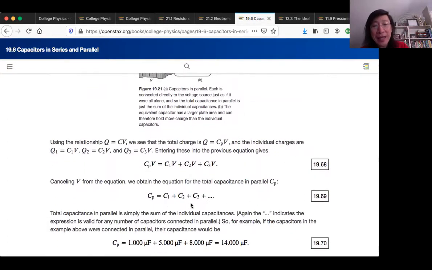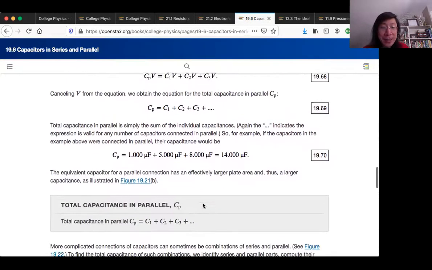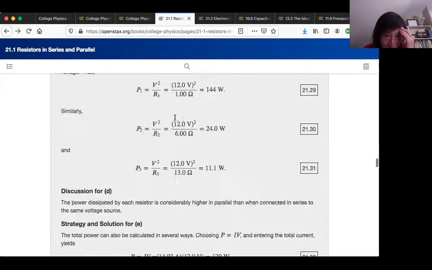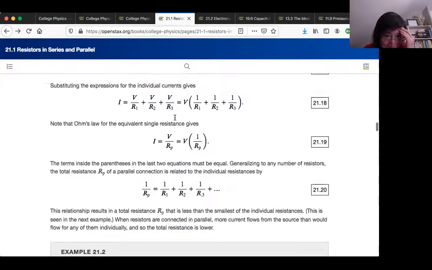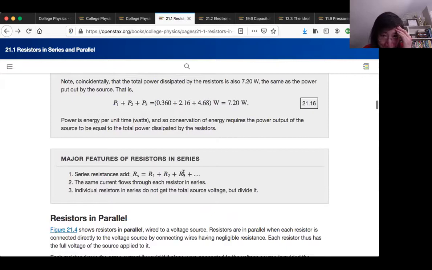So in parallel, capacitors add the same way that resistors add in series. Whoa. Okay, so we go back here to resistors in series. Resistors in series add that way.